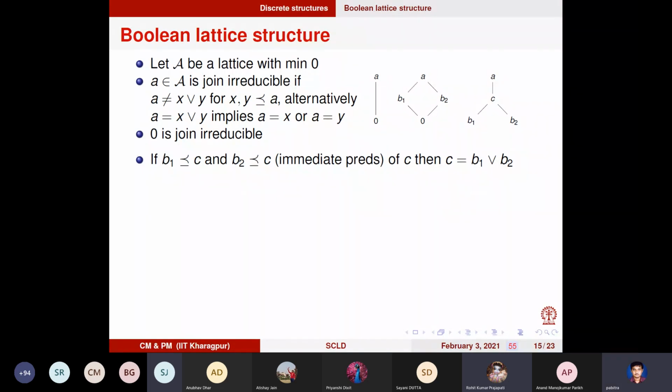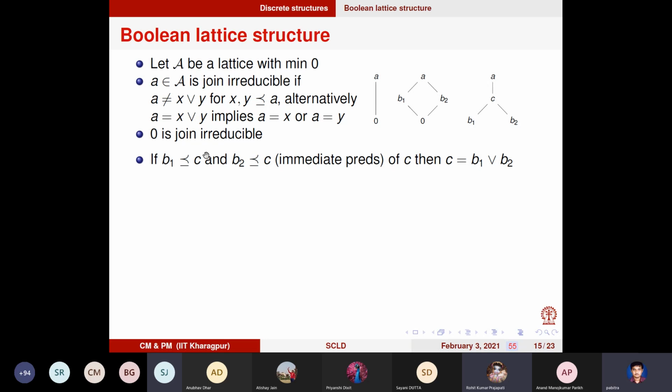For an element, what kind of structure should I look at to decide if it is irreducible or not? If it has a branching in the lower half, then it is not irreducible.